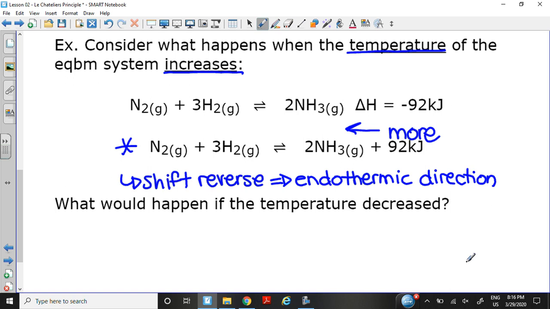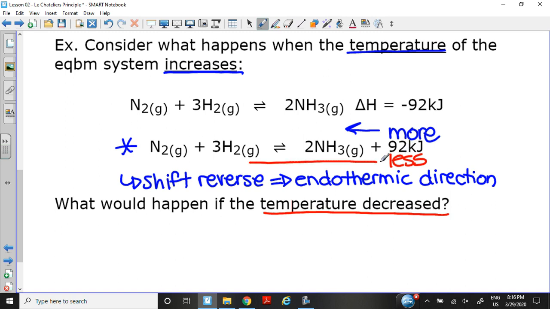All right, let's try what happens in the opposite case. What would happen if the temperature decreased? If the temperature decreased, that means we have less energy on this side. The equilibrium doesn't like this stress. It wants to replace some of the lost energy. So it's going to do the opposite.